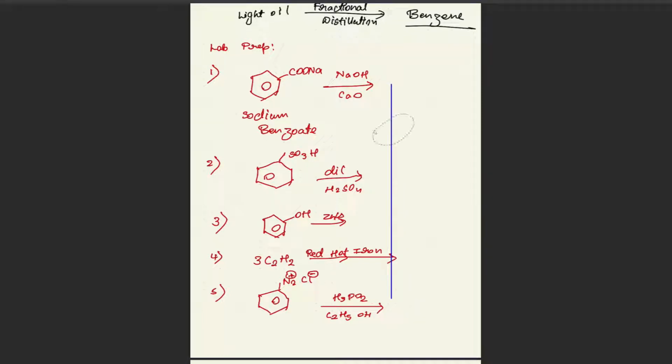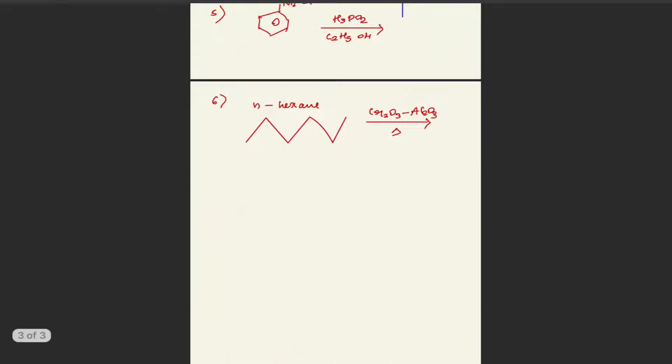All of this gives you benzene. Even this reaction gives you benzene. So these were the six common methods of preparation in the laboratory.